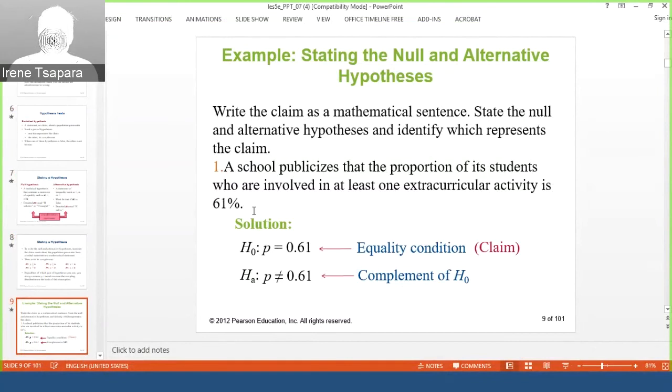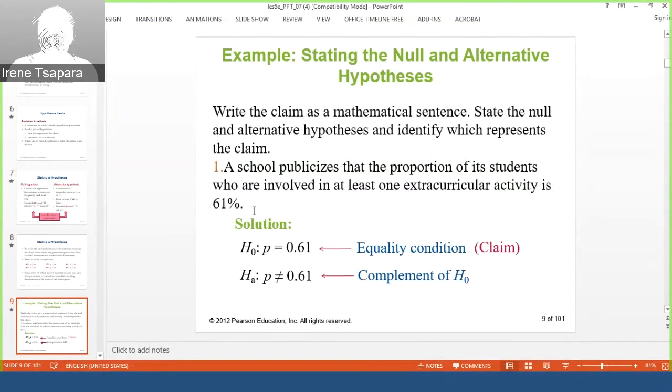The question here is who cares? A school, if they want to claim something like that for advertisement, they would say at least 61%. At least 61% of my students are involved in at least one extracurricular activity. This is the right statement. This is the statement that would advertise a school.